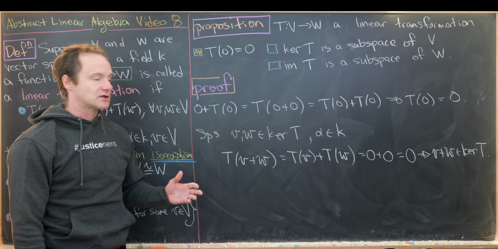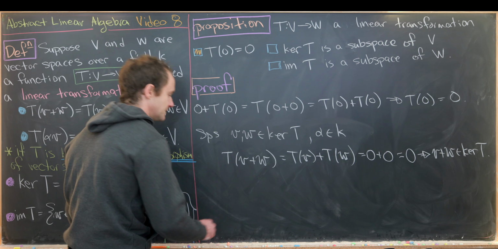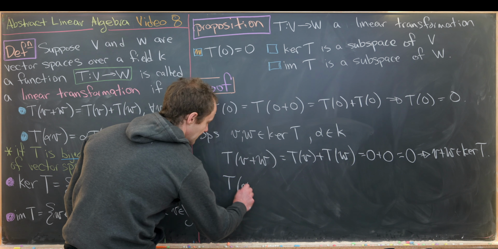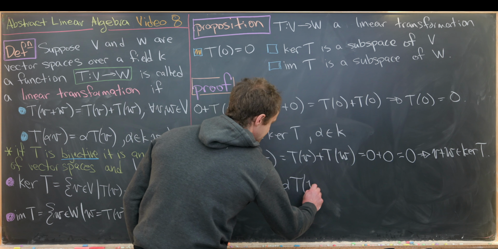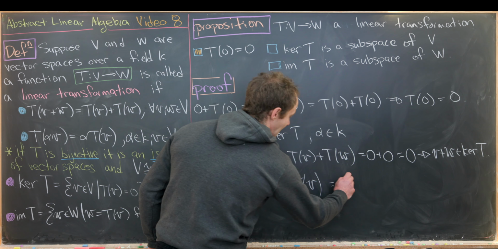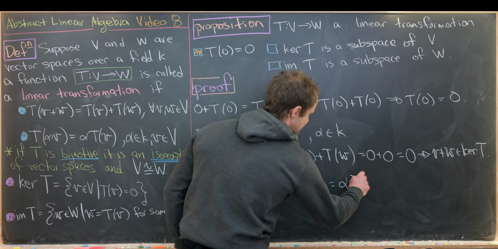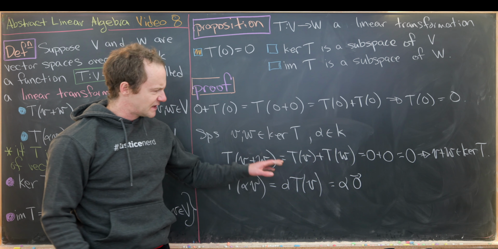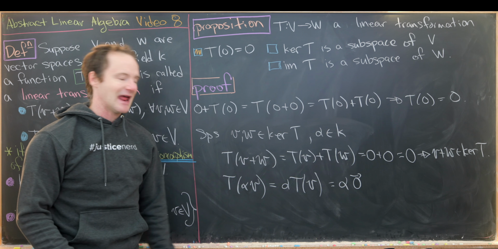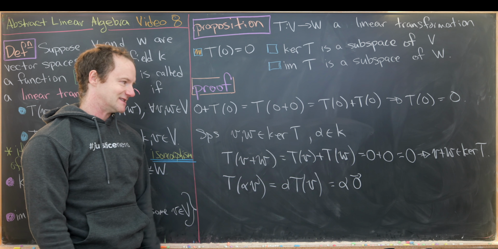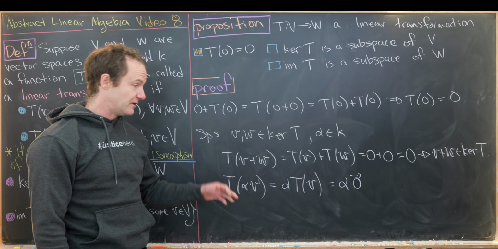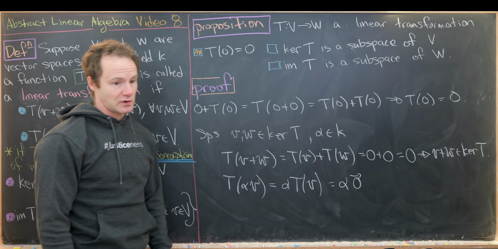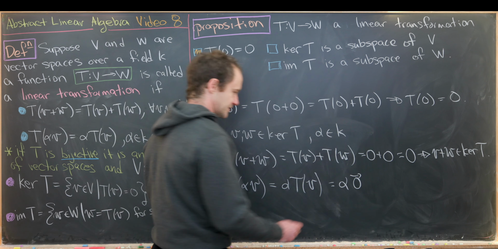Now let's show that it's closed under scalar multiplication. So let's look at T of alpha times v, but that's going to be equal to alpha times T of v, but that is alpha scalar multiplied into the 0 vector. Because I've got multiplication here, maybe I'll put an arrow over 0 to show that it's the 0 vector, not the 0 scalar. But in a previous video, we showed that any scalar multiple of the 0 vector was the 0 vector.